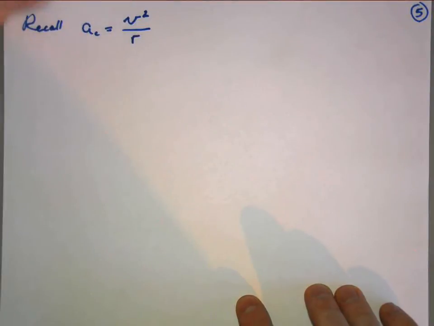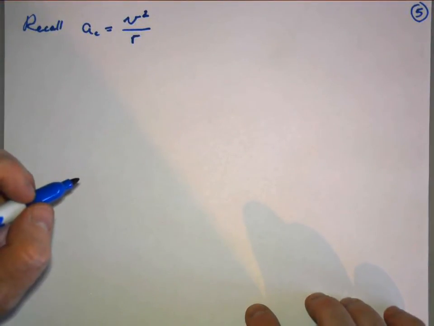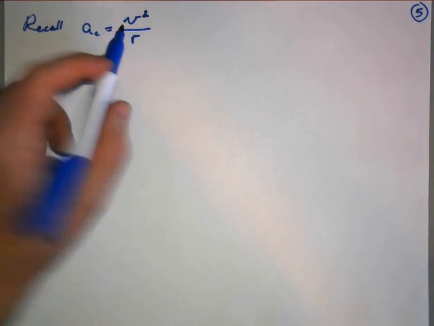We can look at the orbits as nearly circular, meaning we have an object moving in a circular pathway, and that means there's a centripetal acceleration, right? So recall that centripetal acceleration is equal to the speed squared divided by the radius of the circle. Well, how could that orbital speed be calculated if this is an orbit?